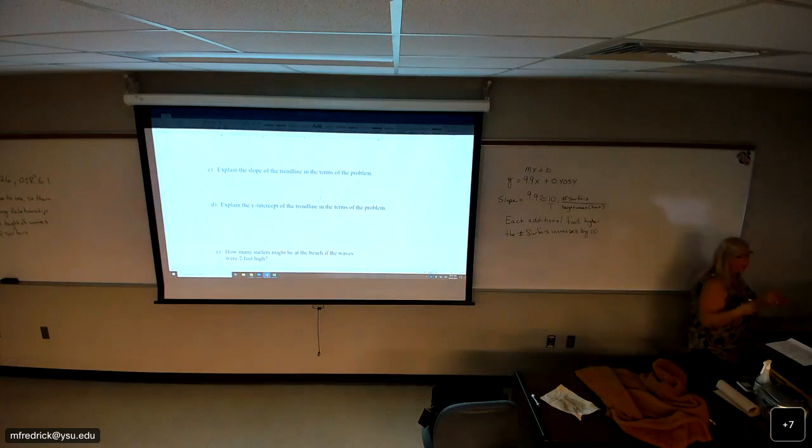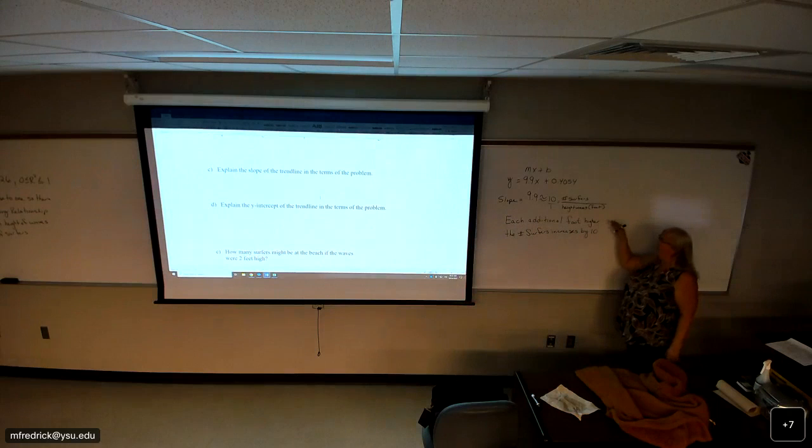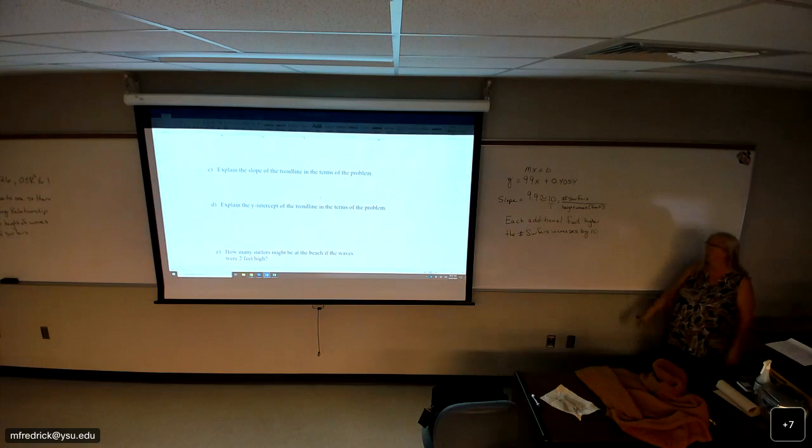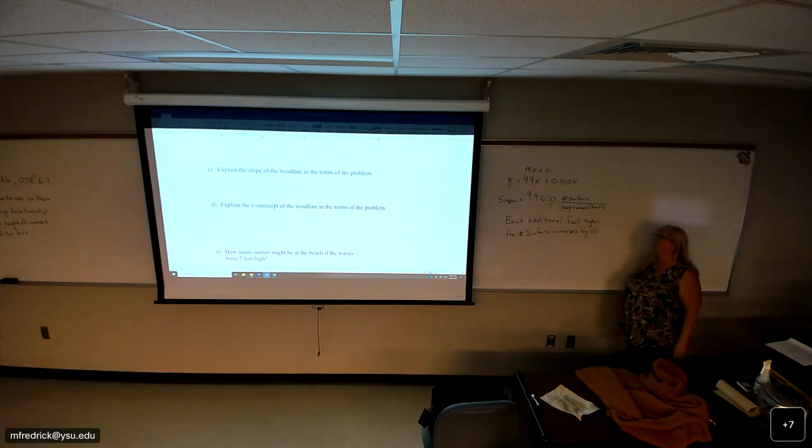So depending on how many lifeguards you need per surfers, you want to find out how high the waves are going and if they're going to keep increasing, and you know when you need to have more lifeguards. So for each additional foot higher that the waves go, the number of surfers increases by 10.